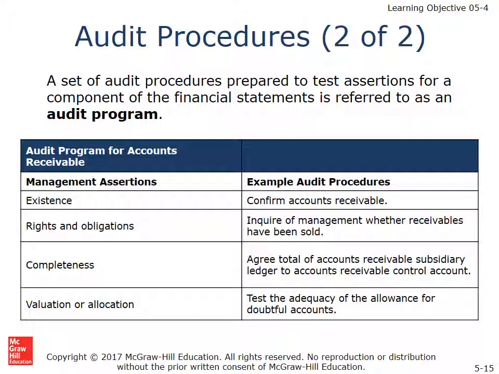The common things, we're going to go through each one of them: inspection of records, inspection of tangible assets, observation, inquiry, confirmation, recalculation, reperformance, analytical procedures, and scanning. And we're going to spend some time on analytical procedures at the end of the presentation.